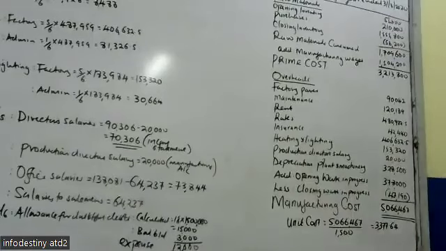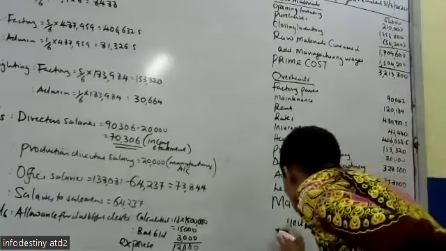So the closing inventory of finished goods will be the unit cost times the number of units which are in store.